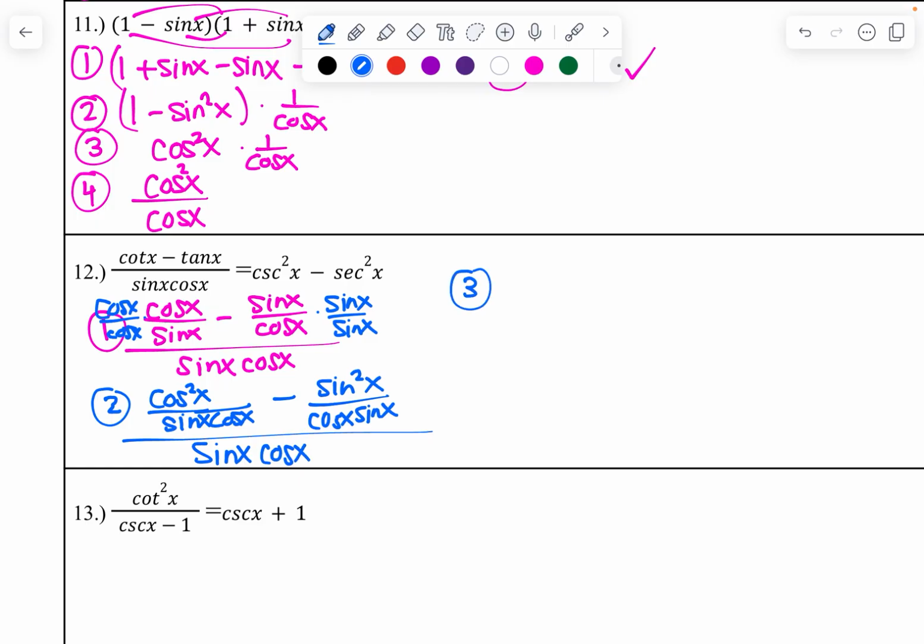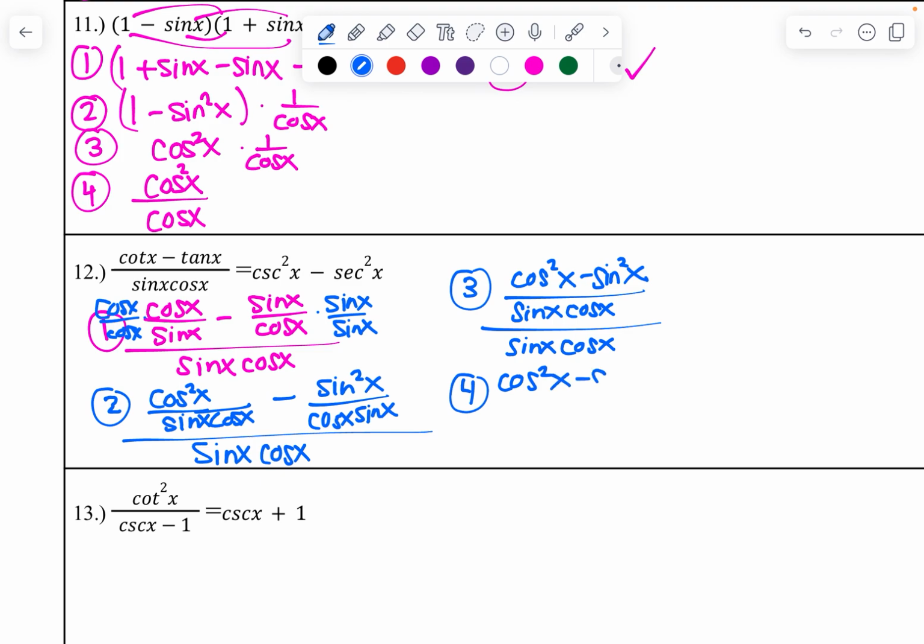So if we put them together as a single fraction, we've got cosine squared x minus sine squared x over our common denominator sine of x cosine of x, all being divided by the sine of x cosine of x. We don't like to divide when fractions are involved. It's not a defined operation. So if we rewrite it, we've got cosine squared of x minus sine squared of x over the sine of x cosine of x.